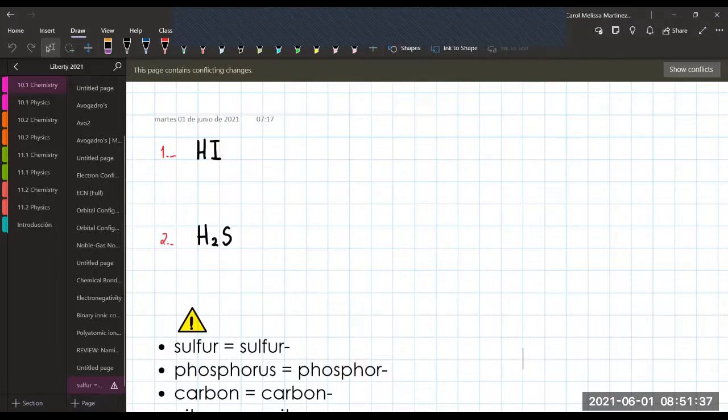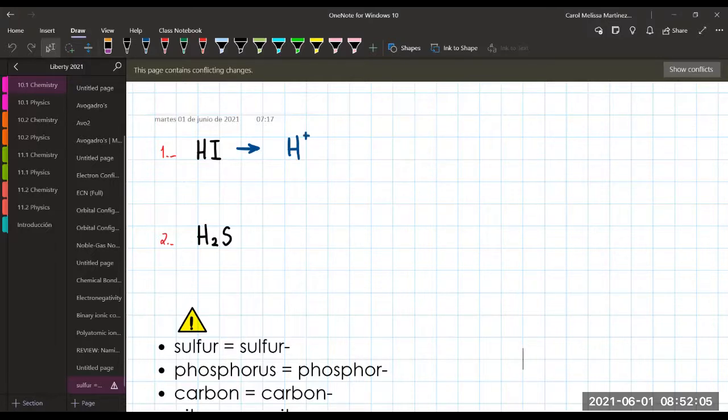I know it's an acid because it has hydrogen on the left side of the compound. So how is this acid made? We need to break it down into its ions, okay? Remember, one ion is going to be hydrogen. It's mandatory that one ion must be hydrogen.